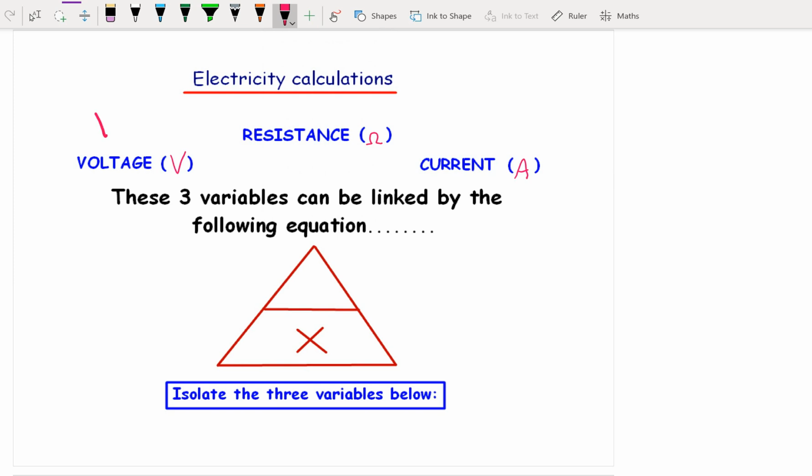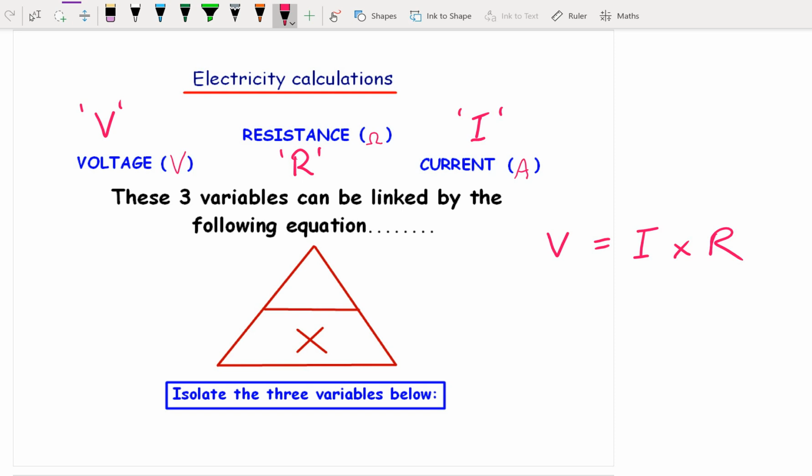Voltage is called V. Resistance is called R. And current is given the symbol I. You'd think it would be C, wouldn't you? But that's charge, that's another symbol. Now, there's an equation, right? It's called V equals I times R.